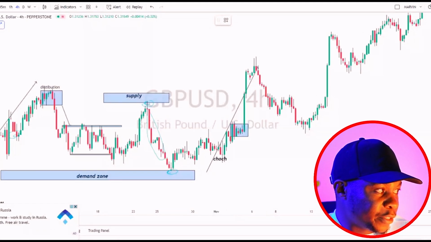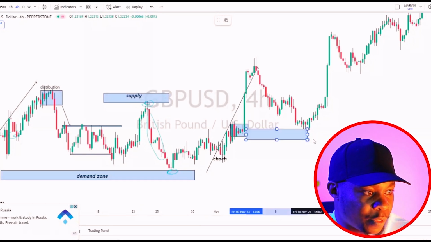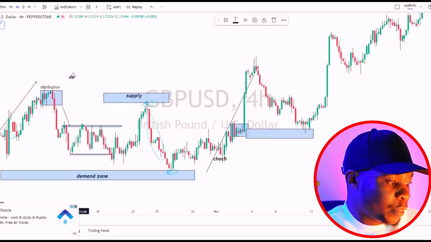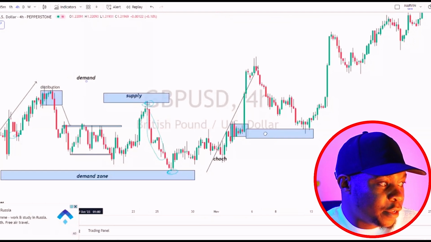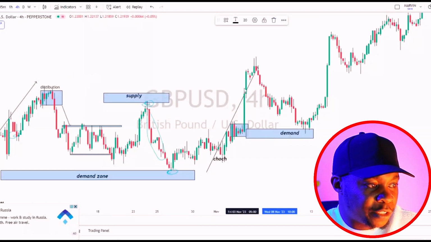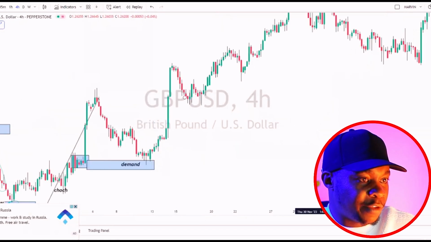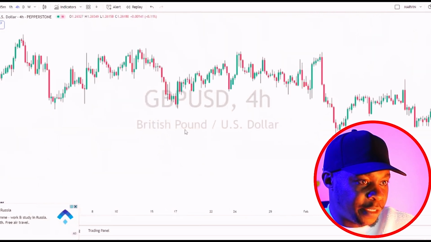This reaccumulation will create another demand zone. That's why when you see the market forming such a move, don't chase, because it will do a pullback to the psychological zone, then give you a good opportunity to buy or sell.